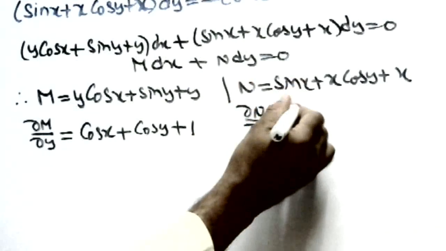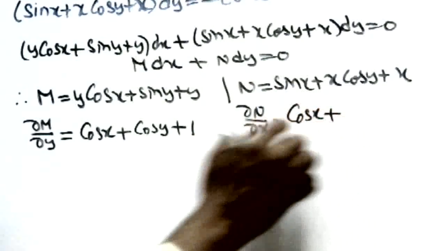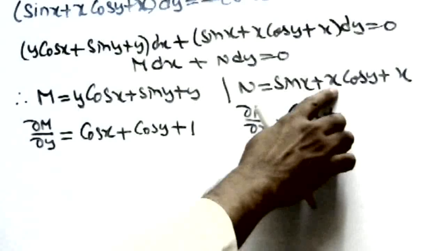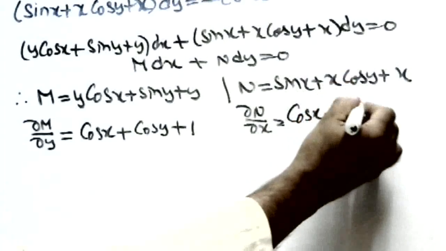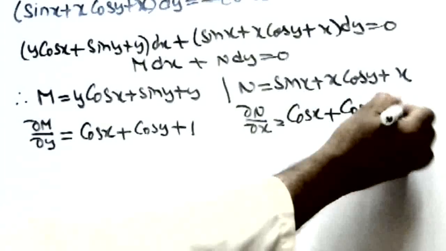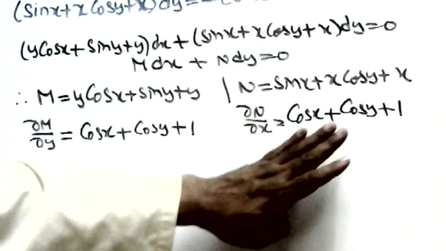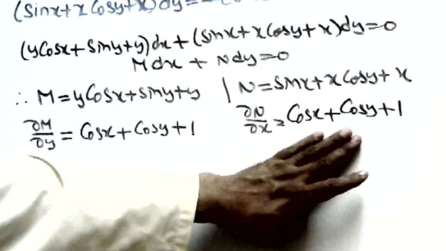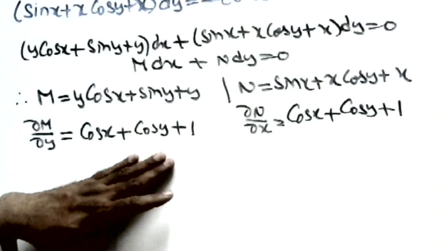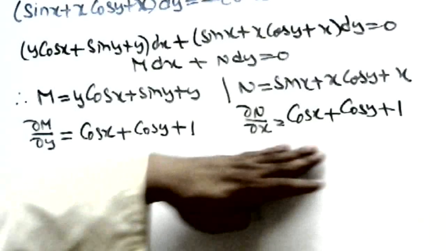Now with respect to x, d by dx of sin x will be cos x, plus d by dx of x is 1, 1 into cos y will be cos y, and d by dx of x is 1. We are partially differentiating here with respect to x and here with respect to y.